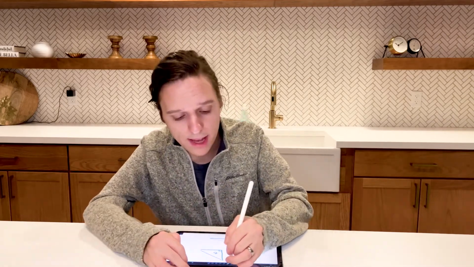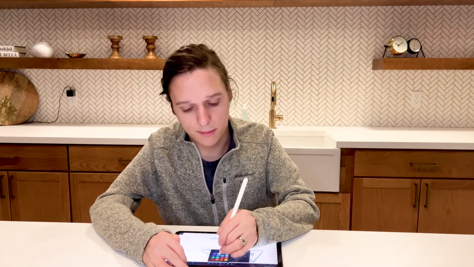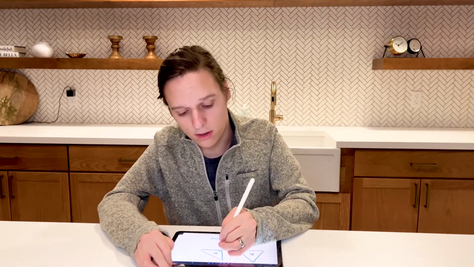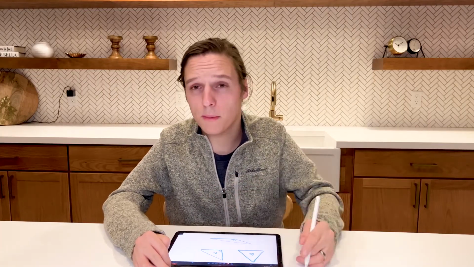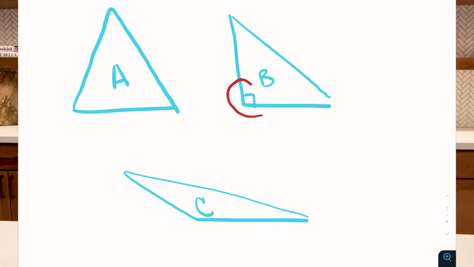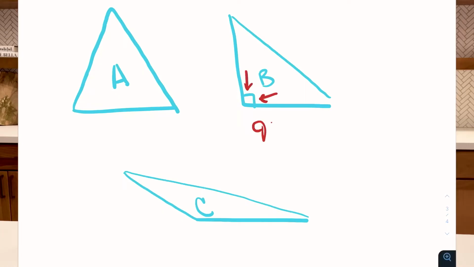Nice work. I'm going to start by explaining the right triangle. There's one thing that is super important about that right triangle. It is B, and it's because of this little square right there. This little square tells you that that is a right angle, meaning that that is 90 degrees.